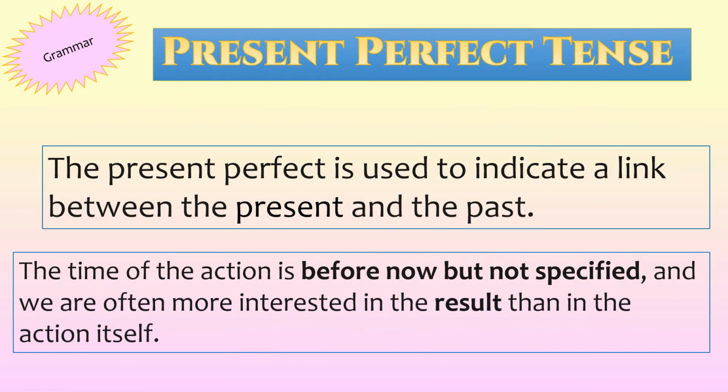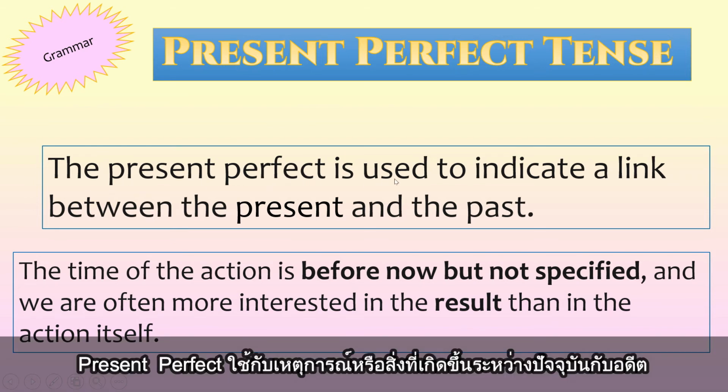Okay? So let's take a look at present perfect tense. I gave you the overview of past participle because it is very important in the present perfect tense. So what is present perfect tense? The present perfect tense is used to indicate a link between the present and the past.